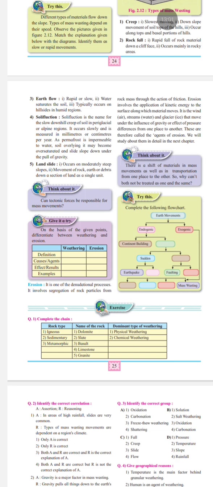It generally occurs on moderately steep slopes. Remember the Malin landslide of 2014: heavy rainfall made the slope unstable and a large amount of soil and mud moved downhill. That is an example of a landslide.